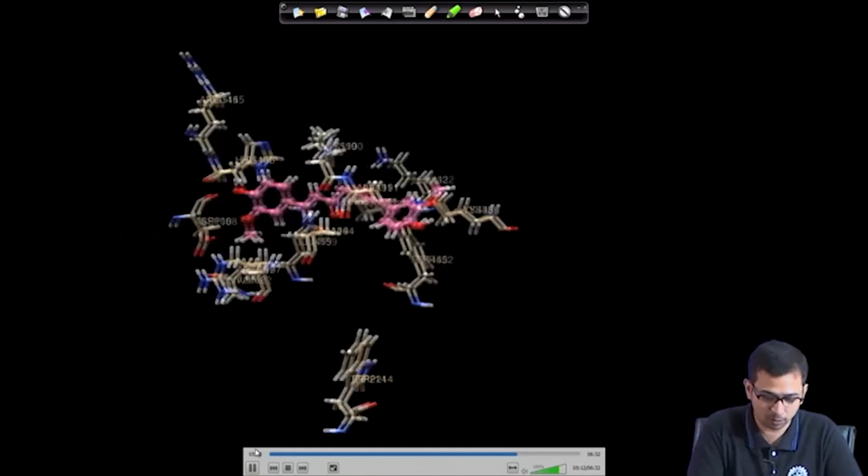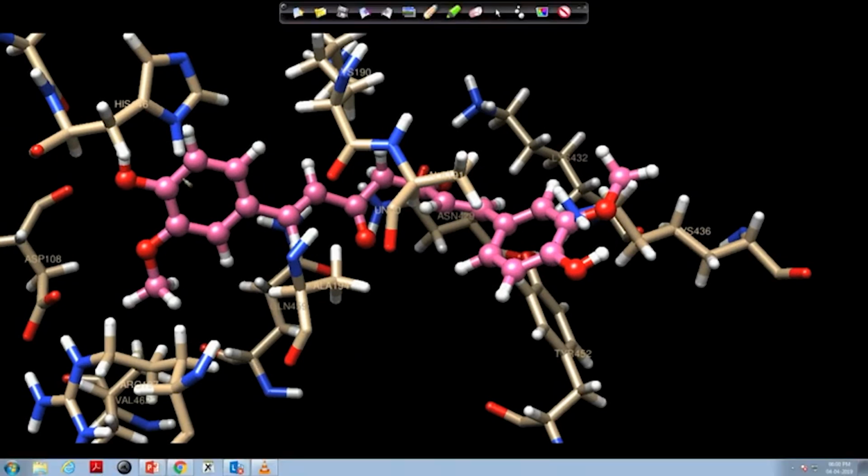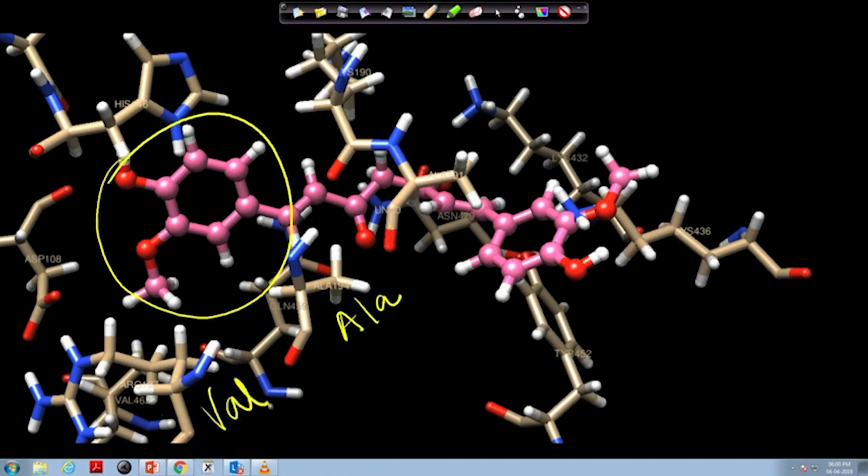Then if we see this, this one is curcumin. This is our curcumin ring, and nearby we can see alanine, here is valine, here is aspartate, here is histidine.